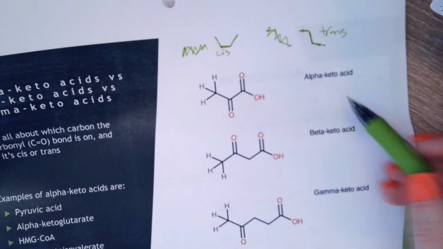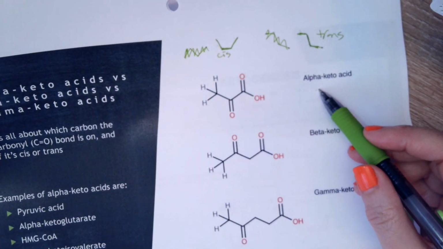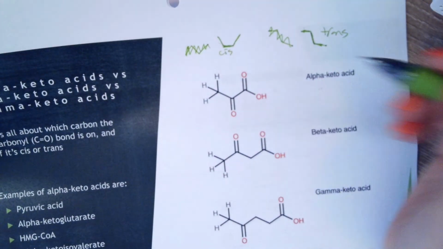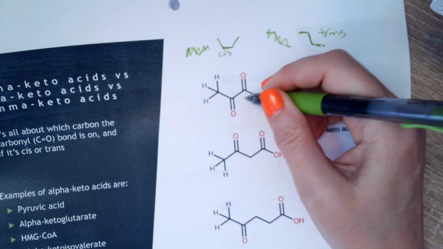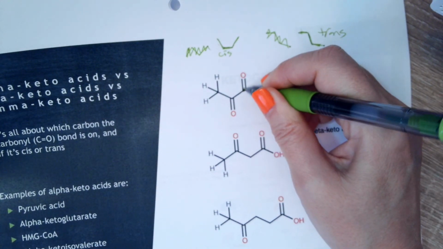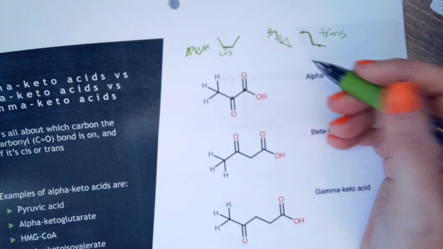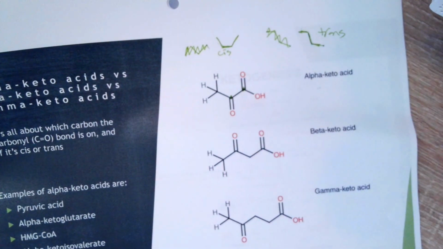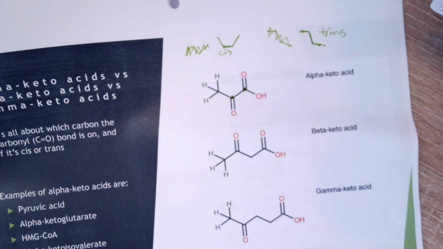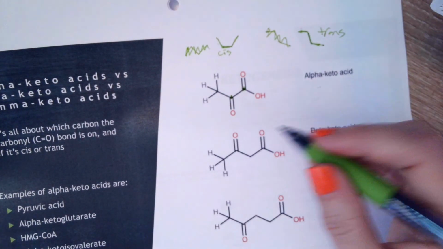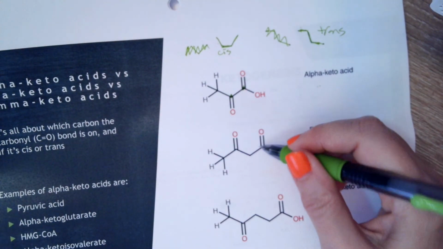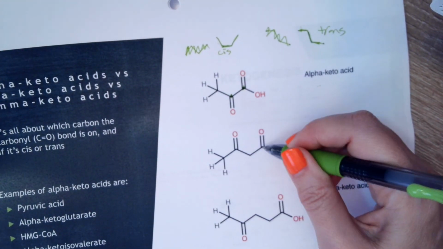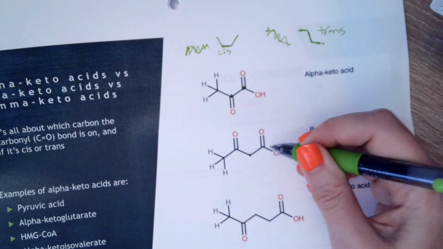So if we look at an alpha keto acid here, we've got a trans situation, but the oxygen double bonds are on carbons that are right next to each other. For the beta keto acid, we have here a cis conformation, but notice that there's a carbon in between.